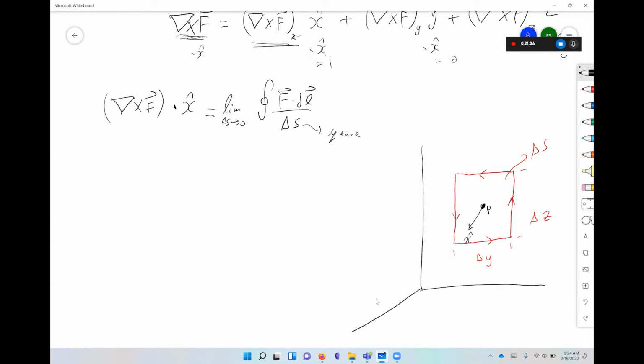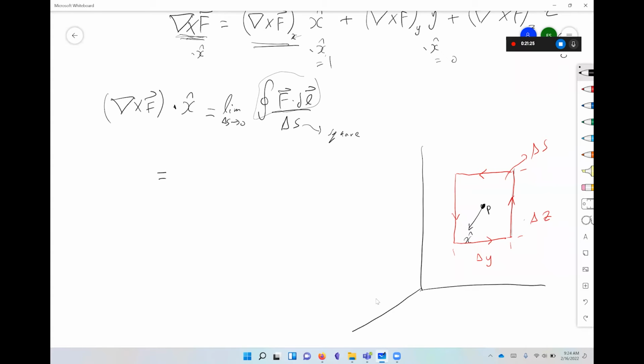So the idea now is that I can easily calculate this integral. It has 4 sides, so I just integrate the 4 sides. Let me start with this side. This side is essentially the value of the field parallel to this contour, so this is a dot product.